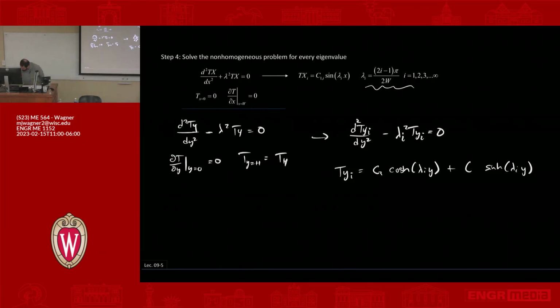The other thing is these constants have to be true for every index I. They're unique constants for a given lambda, so it's going to be C3 I, C4 I. Now we have a solution in x for every I, and we have a solution in y for every I. We're making some progress, but we need to keep going. That was step 4. We solved the non-homogeneous.